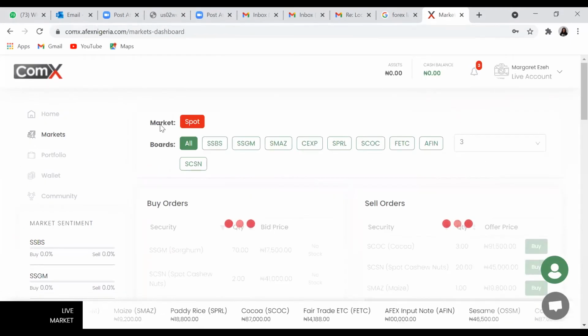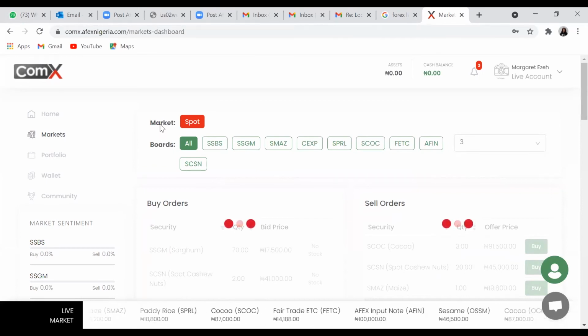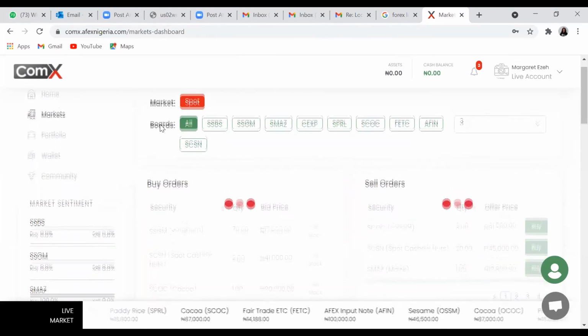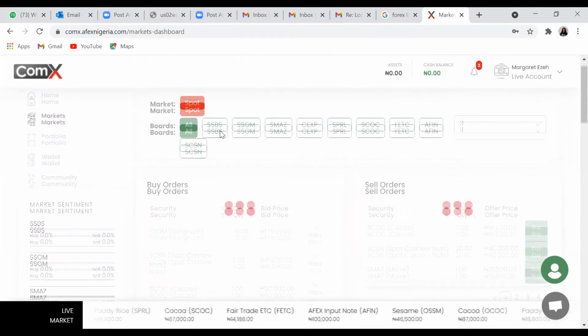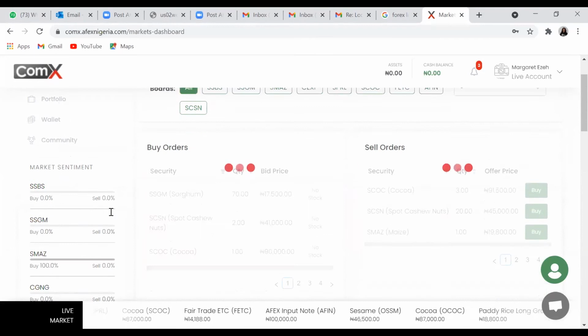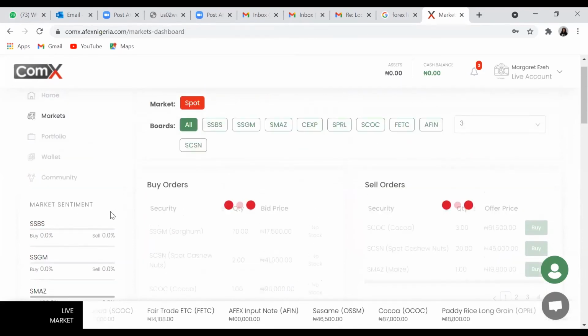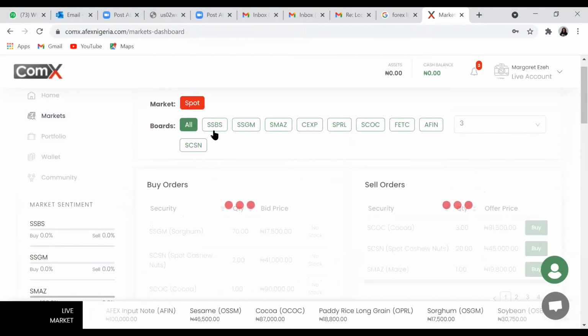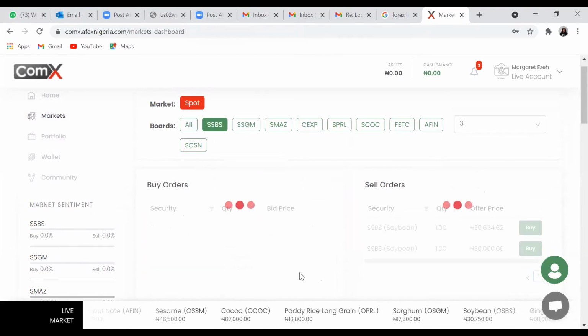Okay, so the market aspect of the platform has actually loaded. So this is where you see all the buy orders and sell orders for all the products on our platform. So if you're looking to maybe buy soya beans, you just click on soya beans here, and the buy orders and sell orders would be on the display screen.